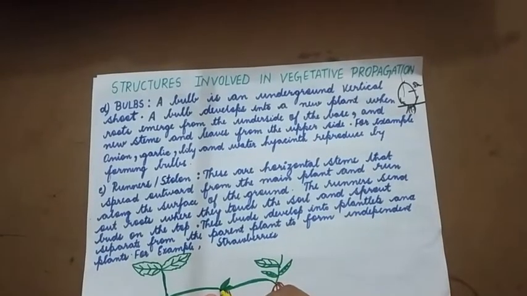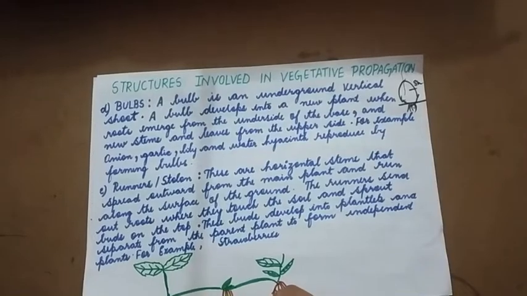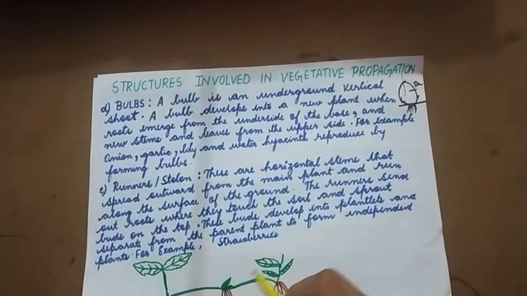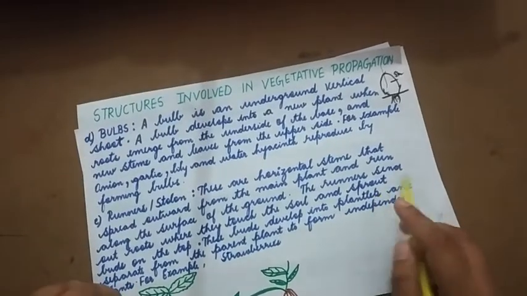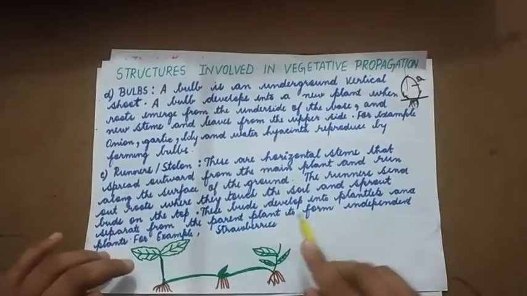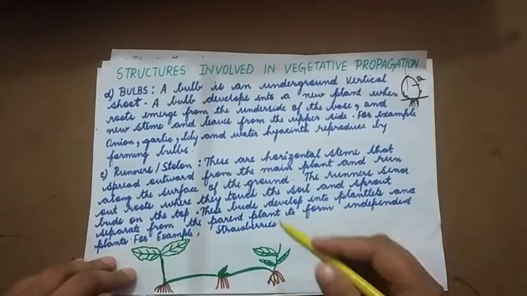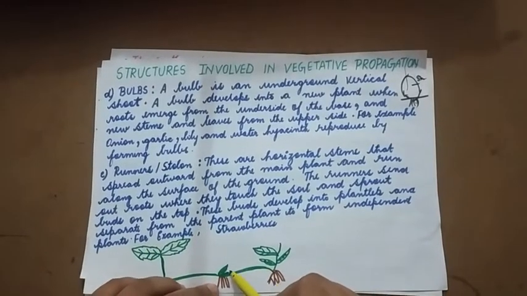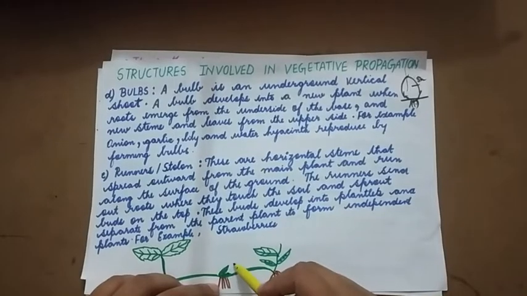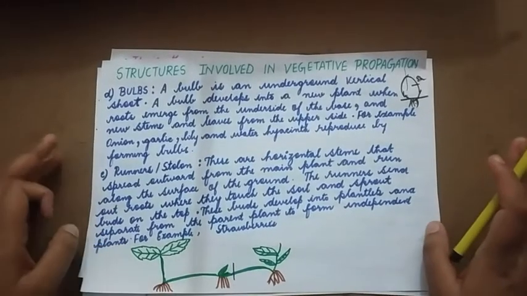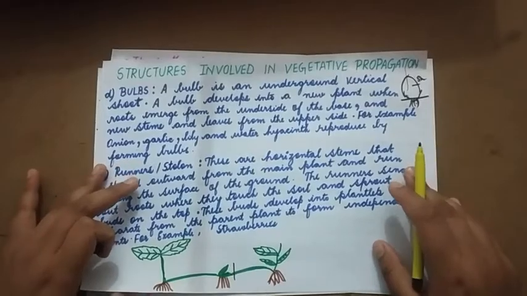These buds develop into plantlets and separate from the parent plant to form independent plants. An example is strawberries.